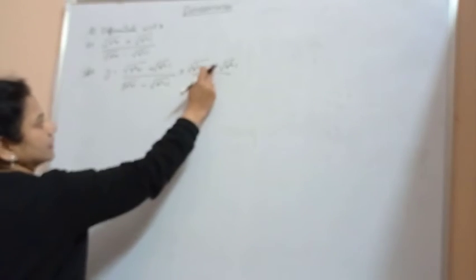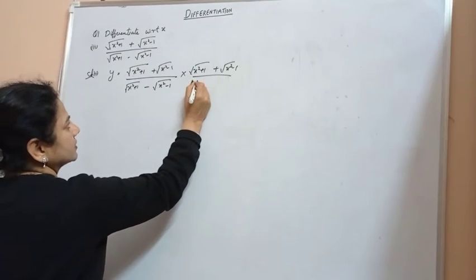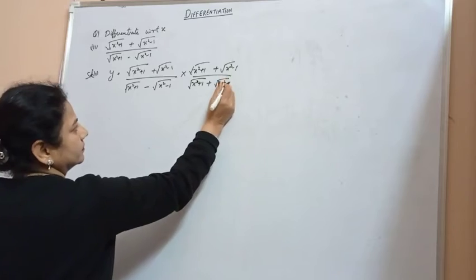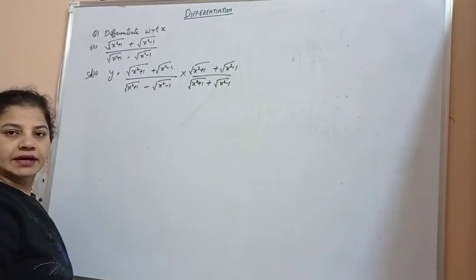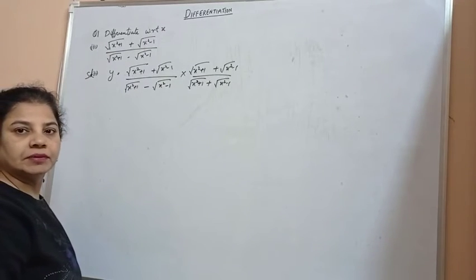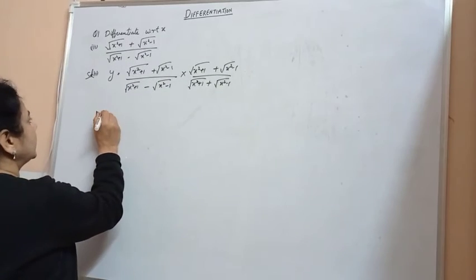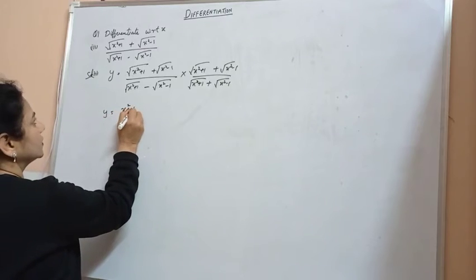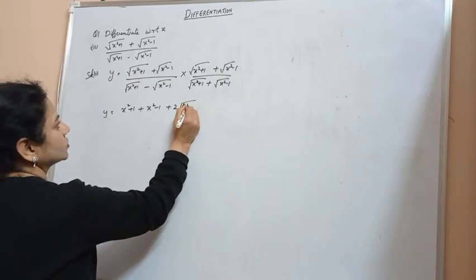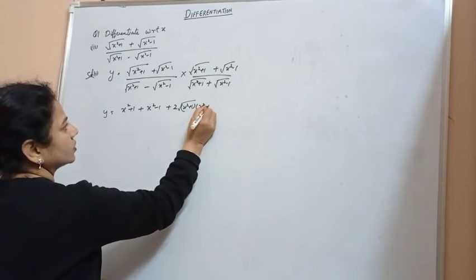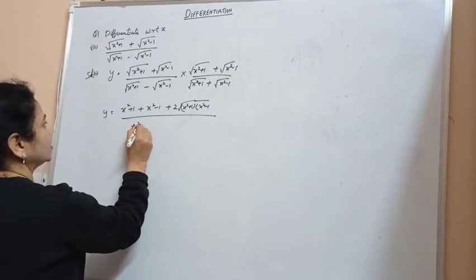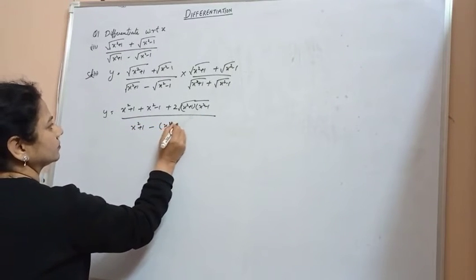The denominator becomes the identity a square minus b square, and the numerator becomes (a plus b) whole square. So expanded, a square plus b square plus 2ab, x square plus 1 and x square minus 1, divided by a square minus b square.